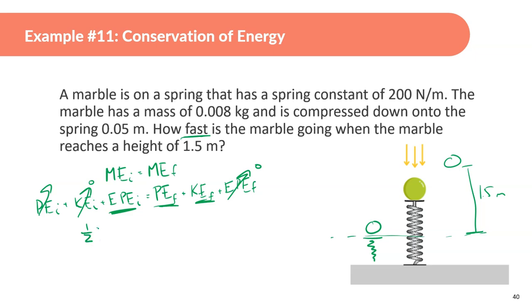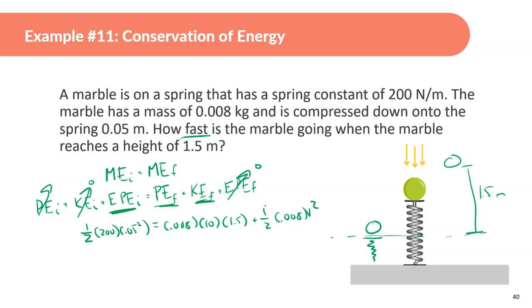1/2 k times 0.05 squared is equal to potential energy, m 0.008, gravity 10, height 1.5, plus 1/2 m 0.008 v squared. And we're looking for what that v is.